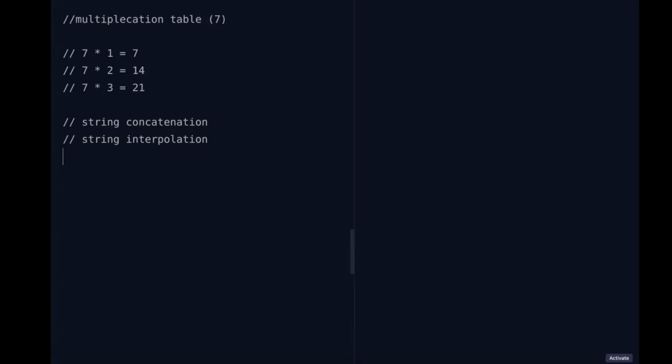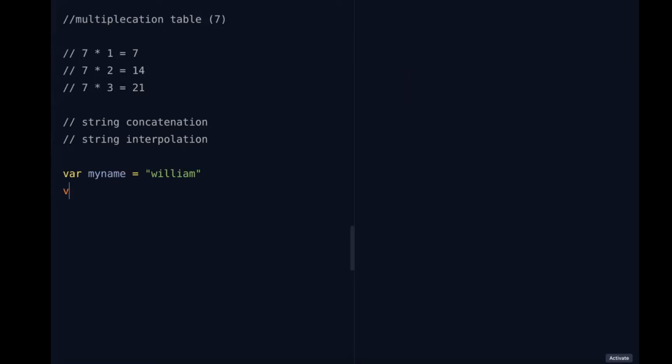Let's do this with an example. Let's say we have a variable that contains my name. Let's call it my name, and it's going to be a string of William.